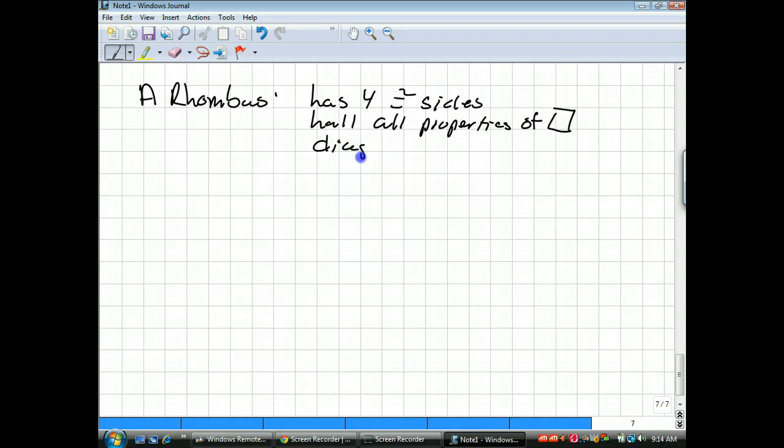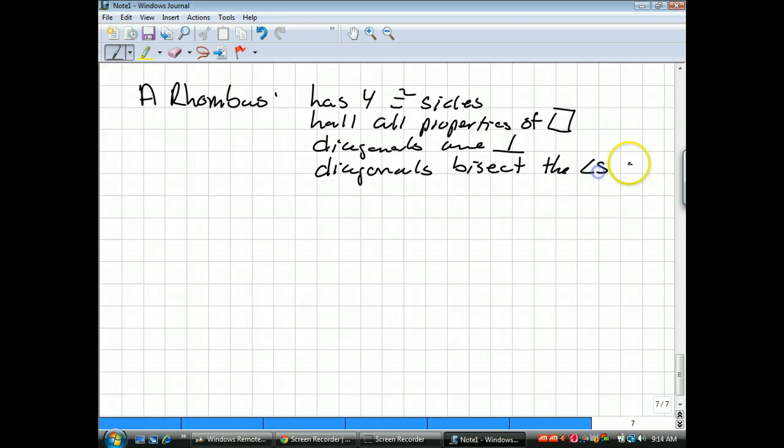The diagonals are perpendicular, and diagonals bisect the angles they intersect.